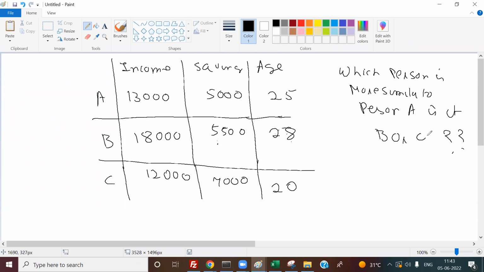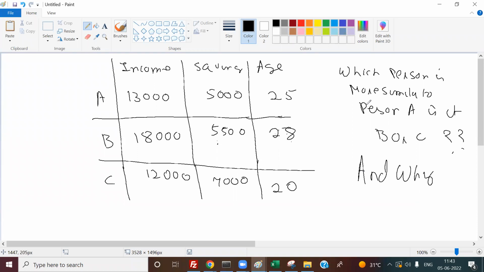अब मुझे पता है तुम्हारा माइंड सबसे पहले डिस्टेंस कैलकुलेट करने के लिए जाएगा, राइट? करो. And why? अगर तुम बोलते हो B, then why B?